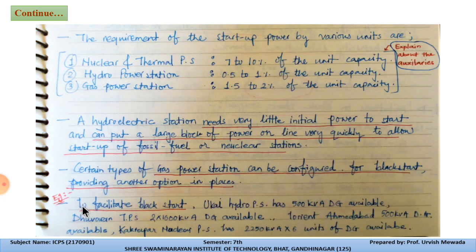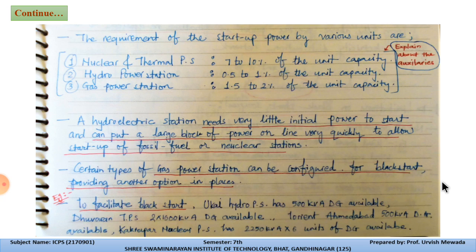So here we can give the example to facilitate the black start. Some of the power stations have their own DG sets, like Ukai hydro power station has a 500 kVA DG available. Same, Dugurat thermal power station has 1000 kVA, means two sets of DGs are available.